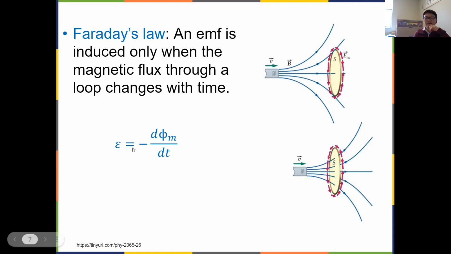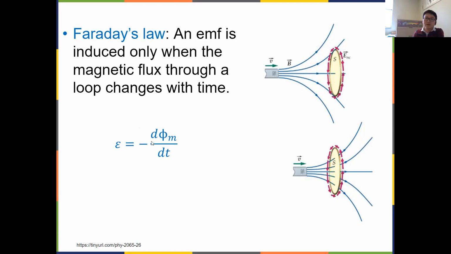So this is Faraday's law, which relates to the current or the potential induced in the loop here, because this is not a potential by a battery, so it's an induced potential by the changing of the flux. So we call it induced EMF.